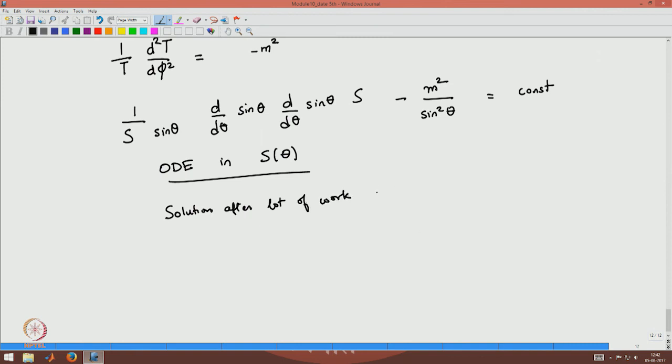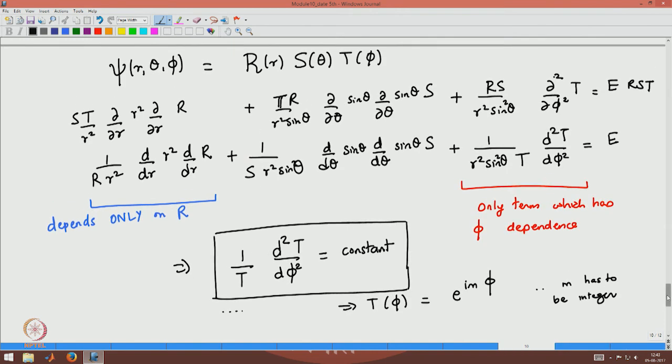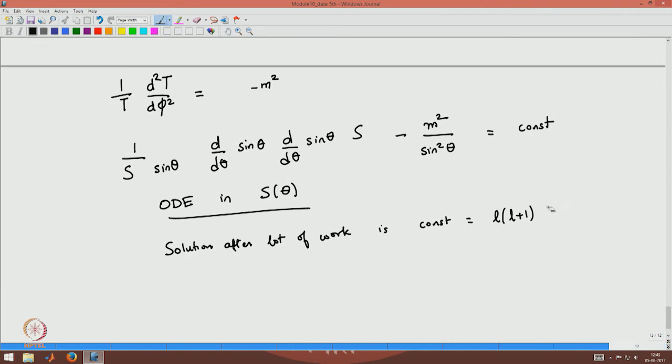The constant is equal to L plus 1 times h cross square, where L is an integer.